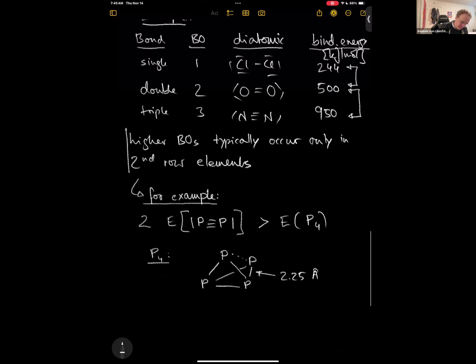Right? Now this, drawing the lone pair electrons as well.